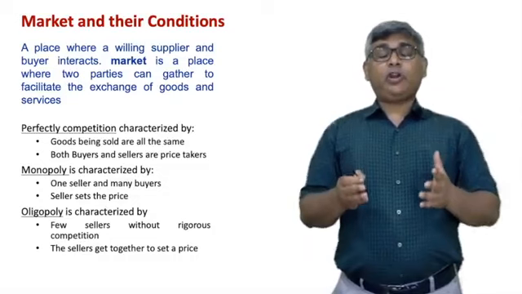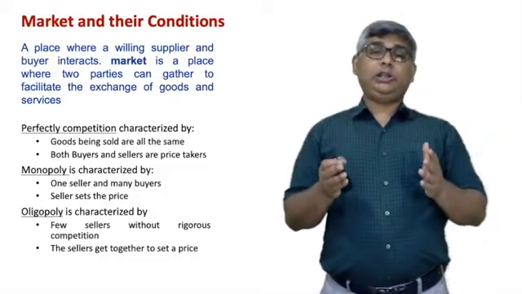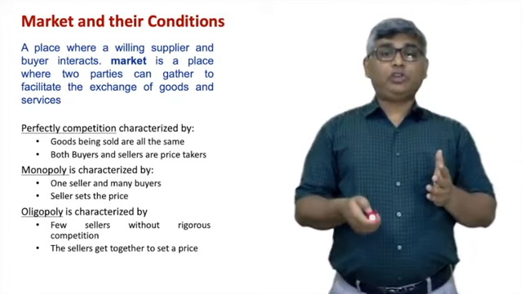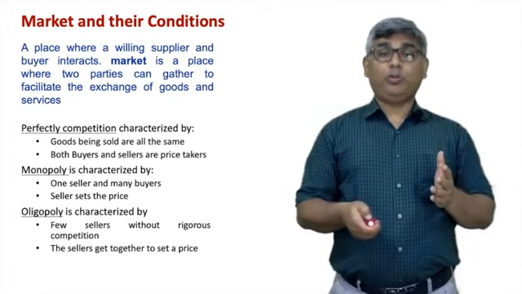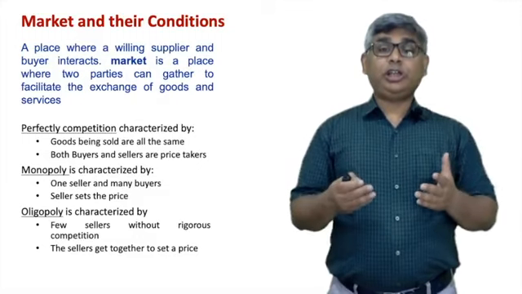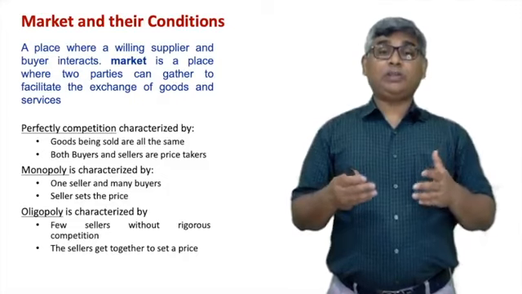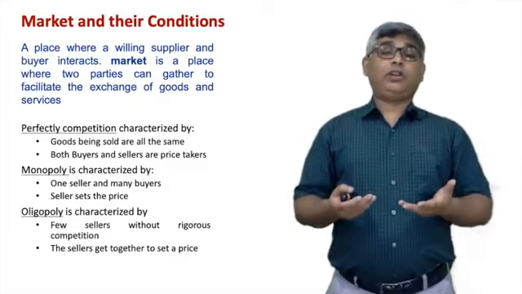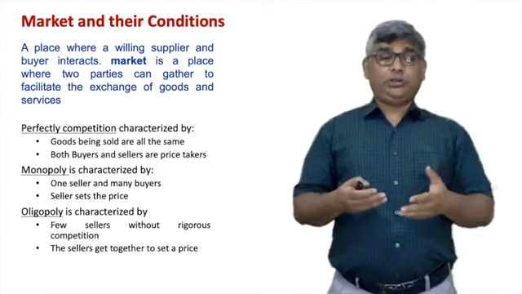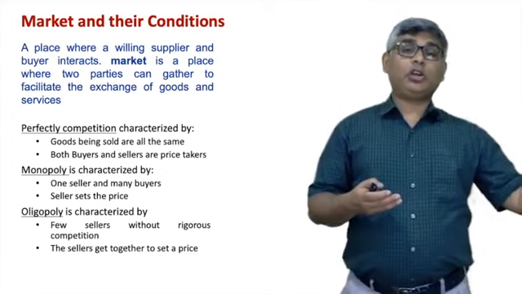This perfect competition type of market condition is characterized by goods being sold which are almost the same. Both the buyers and the sellers can negotiate, or they are basically price takers. If, for example, I am interested in purchasing a laptop under 50,000, I have a choice for that.